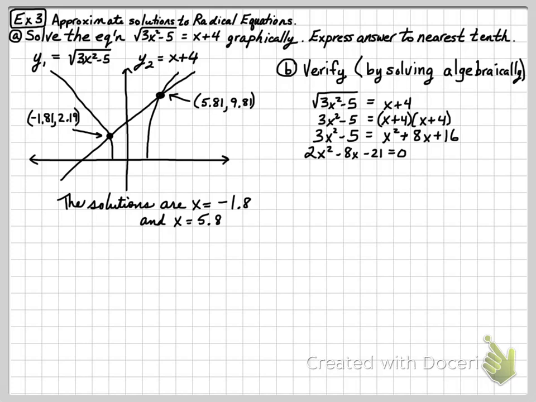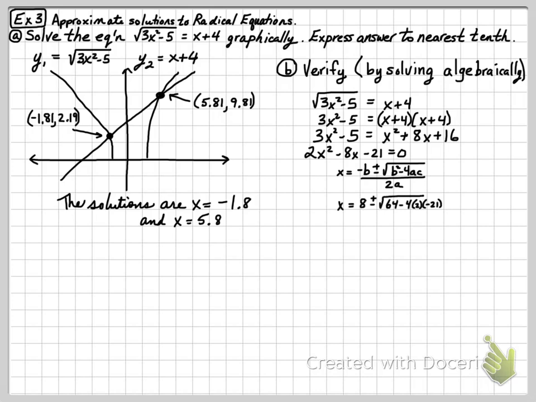It's not factorable, so we're going to solve it by using the quadratic formula, which means that x is going to equal negative b plus or minus the square root of b squared minus 4ac, divided by 2a. Now remember, from our equation, a has a value of 2, b will have a value of negative 8, and c will have a value of negative 21.